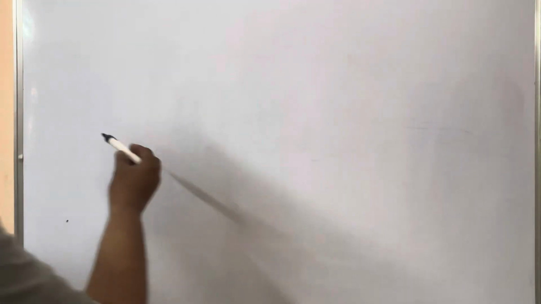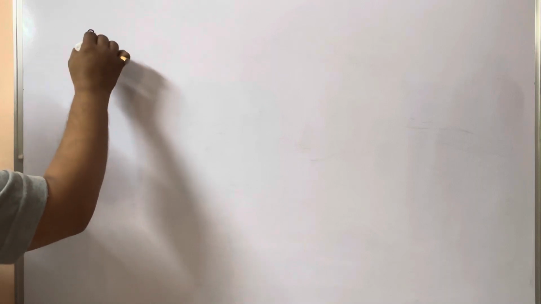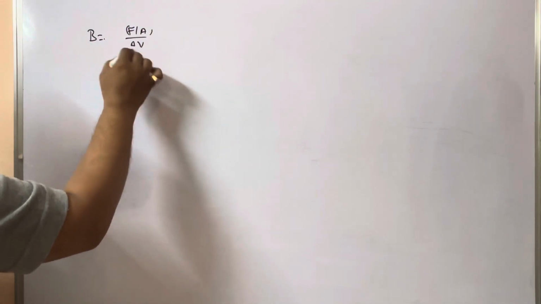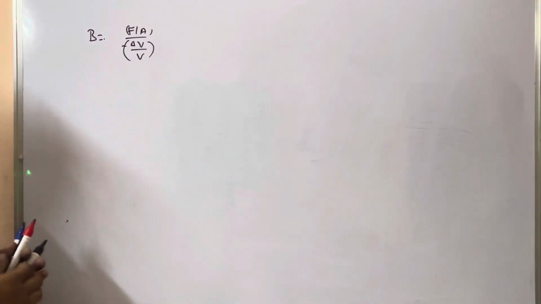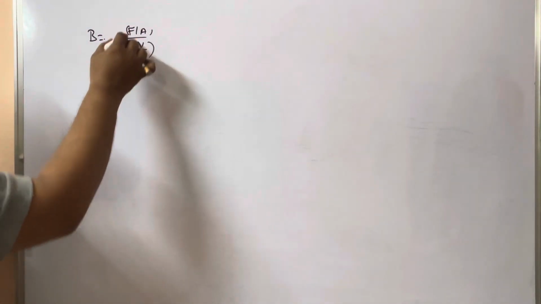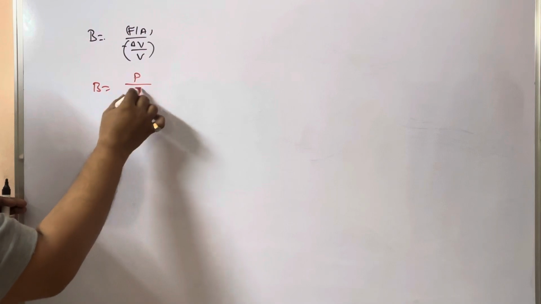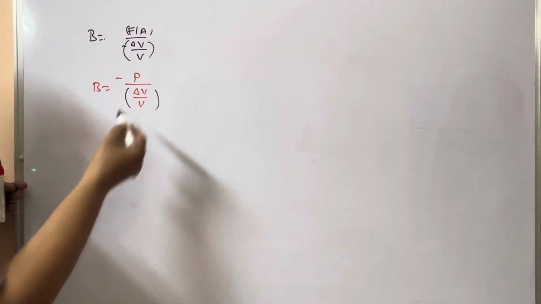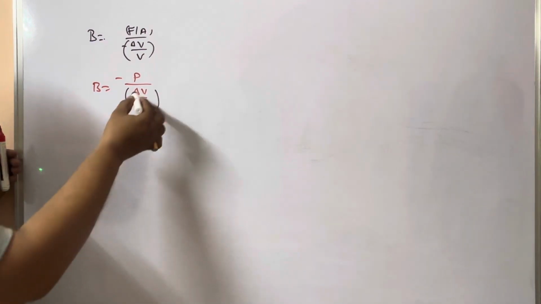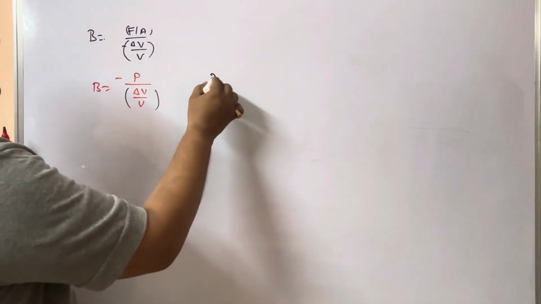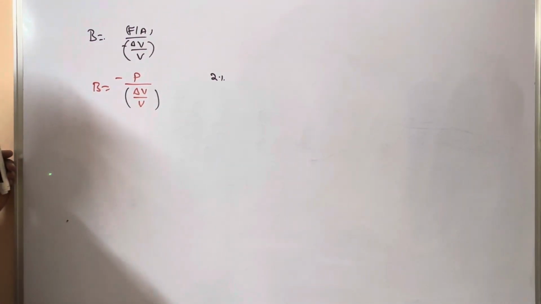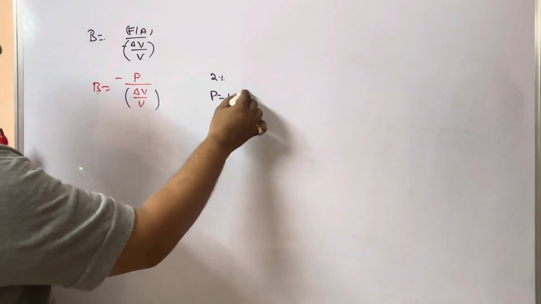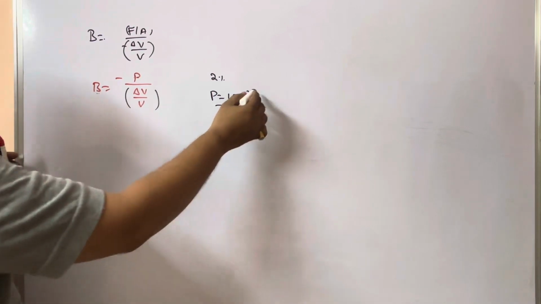Next, on bulk modulus, let us see how they will ask problems. The bulk modulus equation we gave is F by A by delta V by V with a negative sign. So B is equal to P over delta V by V with a negative sign, where delta V by V is the fractional change in volume. They will give this delta V by V as 2% or 3%. Then, what is the bulk modulus for a particular pressure, in newton per meter square?